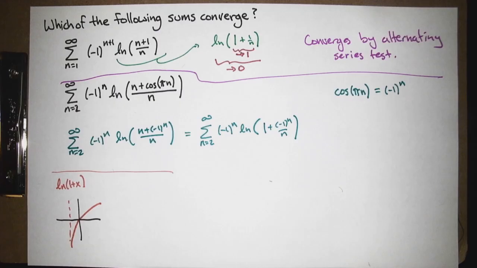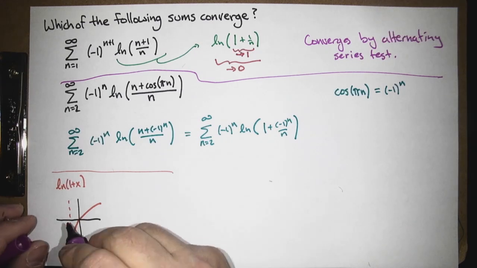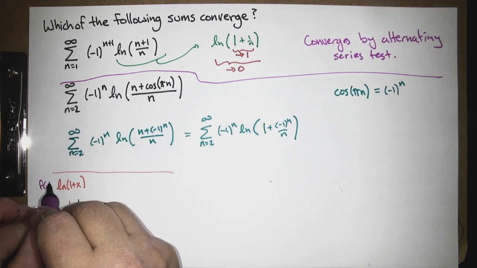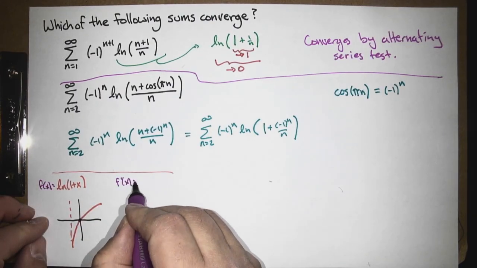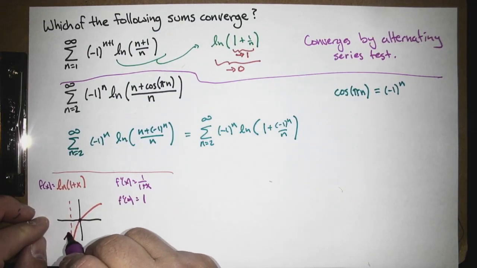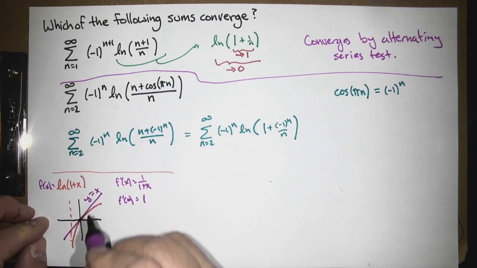What's the favorite thing for a Calc 1 student to find? Derivatives and tangent lines in particular. We love tangent lines. What's the tangent line at 0? I go through the origin, so all I need to know is the slope. If this is my f of x, f prime of x is 1 over 1 plus x. So f prime of 0 is 1, which means my tangent line is y equals x.